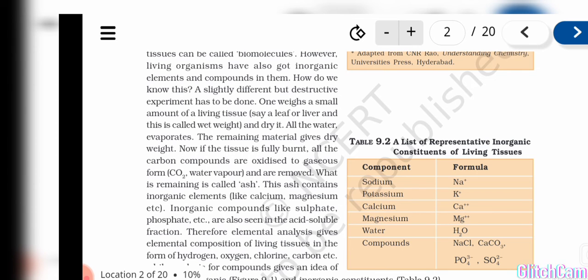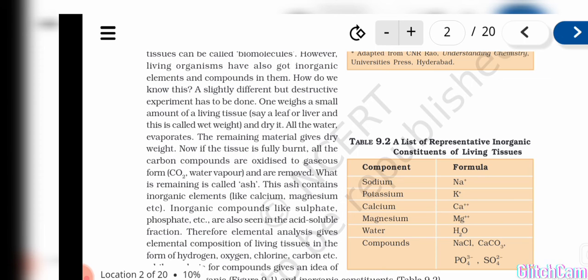When the moisture content is lost, the remaining material is known as the dry weight. So you take some amount of a living tissue and dry it. And the weight of the tissue when you are collecting it, when you are weighing the animal tissue, is known as the wet weight.